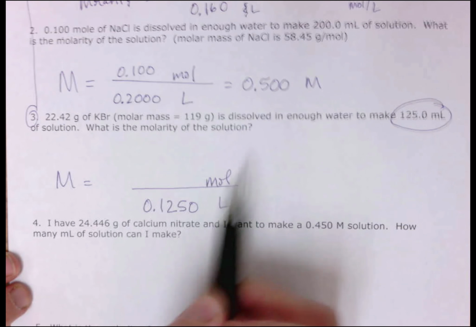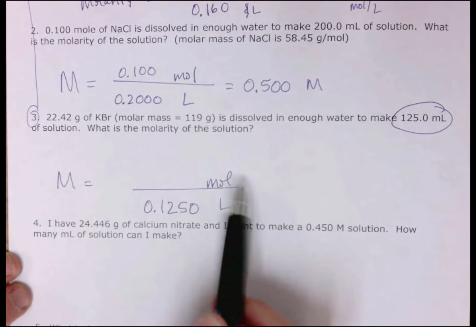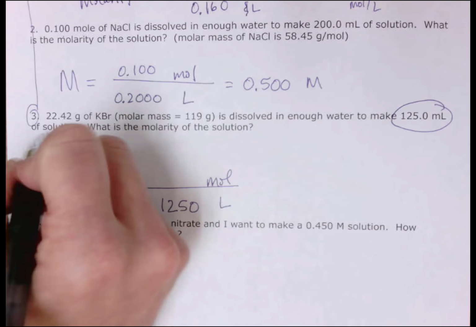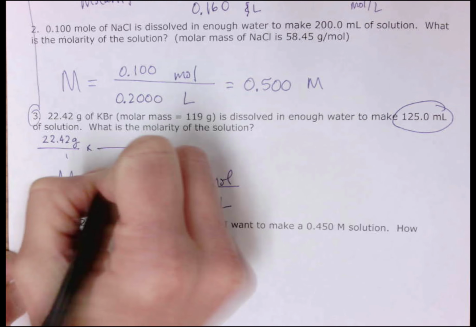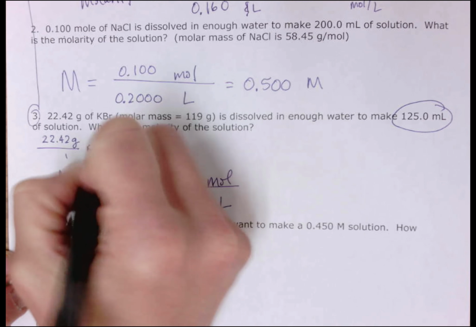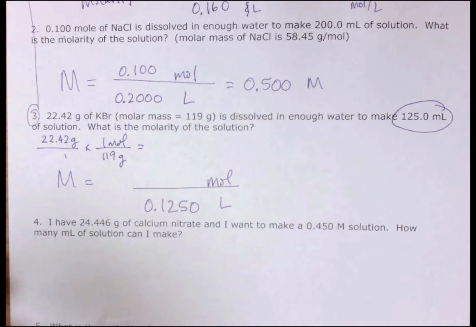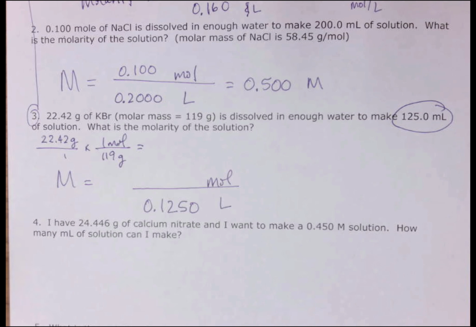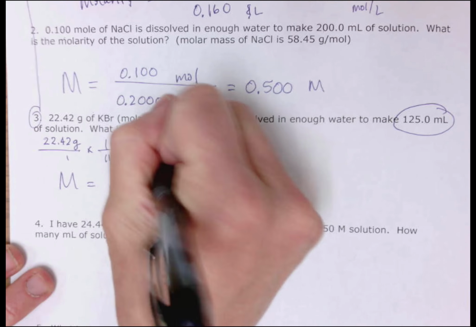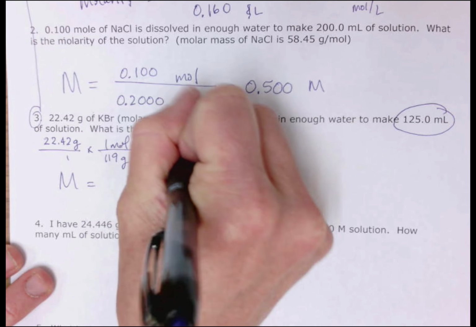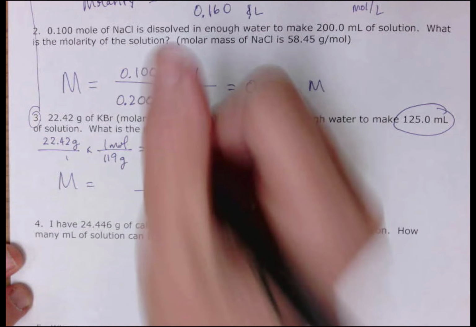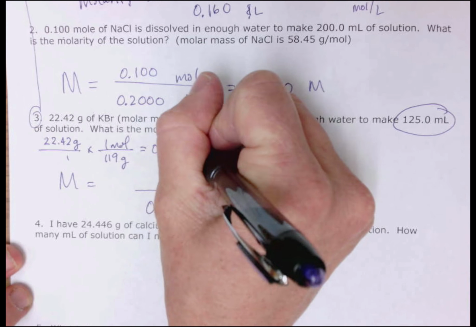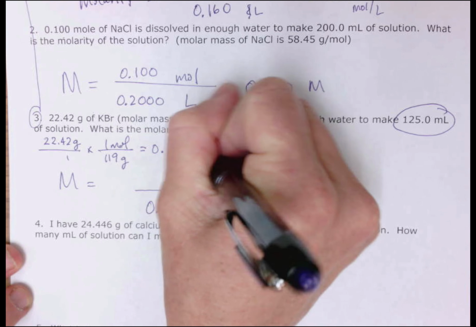Okay, right now we have grams and we have grams. We do not have moles. So we have to convert 22.42 grams, divide that by 119 grams. It goes like that. So 22.42 divided by 119, we get 0.188, I'll say 4 moles.